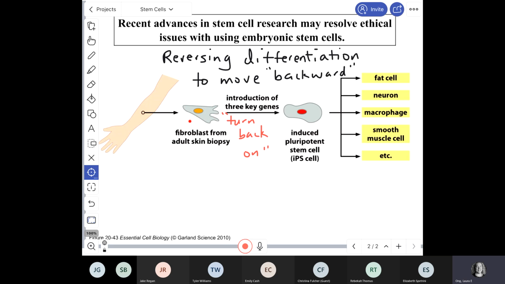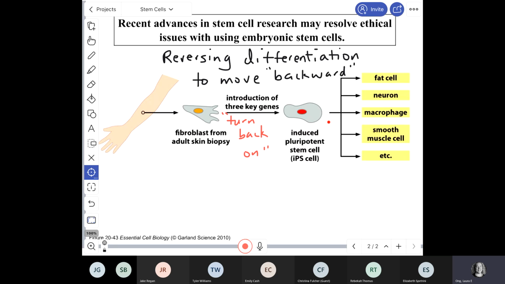So a fibroblast normally is going to make fibers that help build connective tissue, and fibroblasts are found in skin, so that's a good source of getting a partly differentiated cell and figuring out what are the genes to turn back on in this cell and induce it, or force that fibroblast to become a pluripotent stem cell, to kind of go backward in its development.